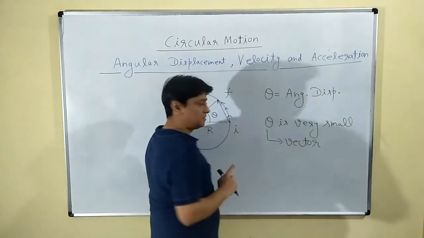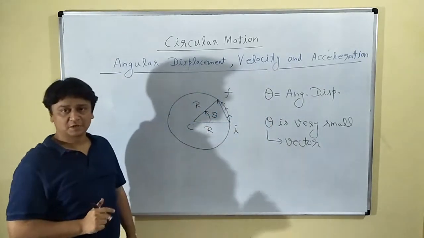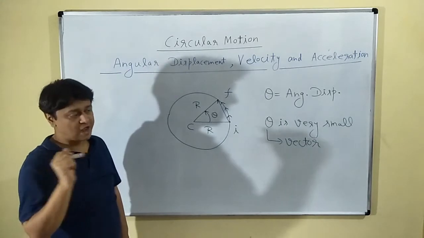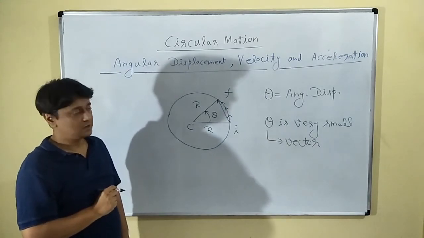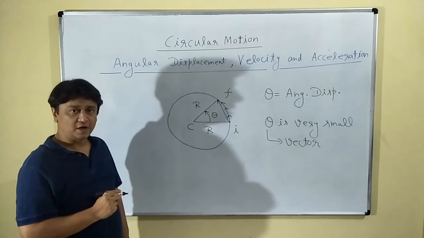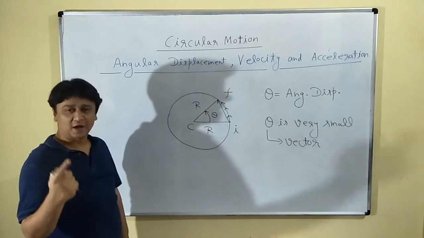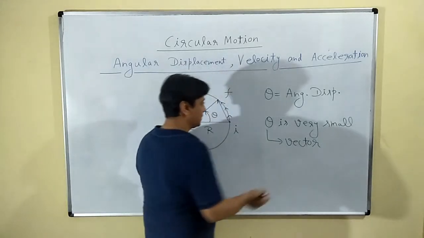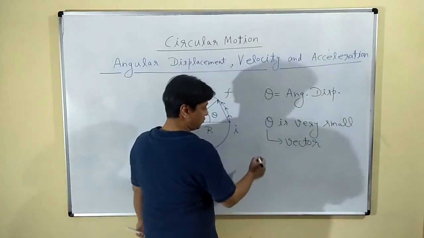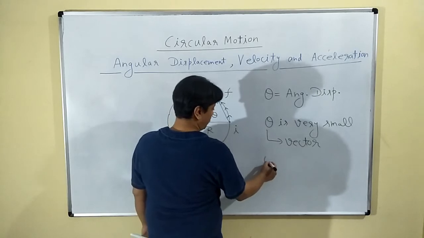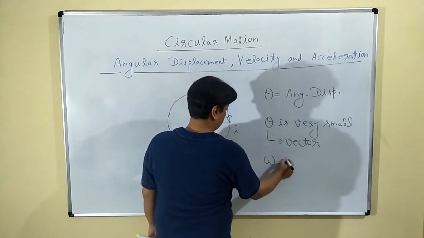जैसे ये थीटा है, वैसे हमारे पास क्या हुआ करता था काइनेमेटिक्स में? Displacement. And then we used to define rate of change of displacement as what? Velocity. Similarly, we define omega. What is omega?